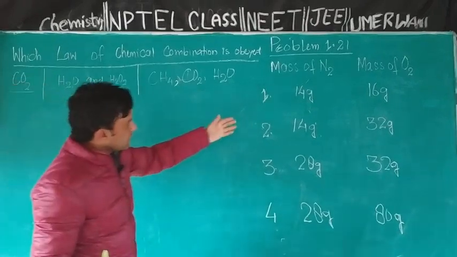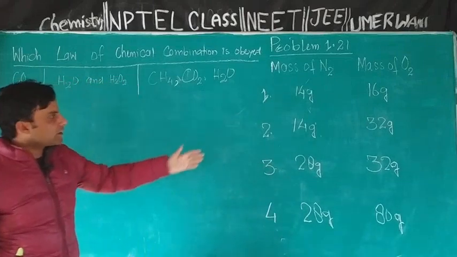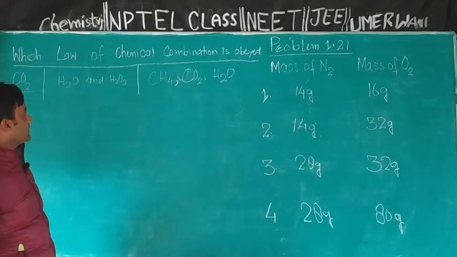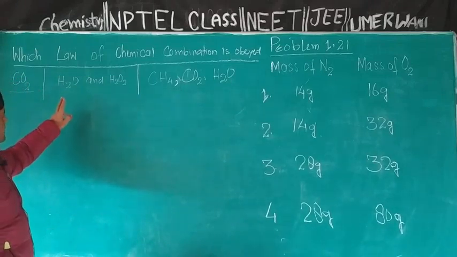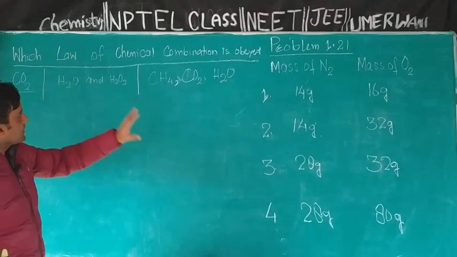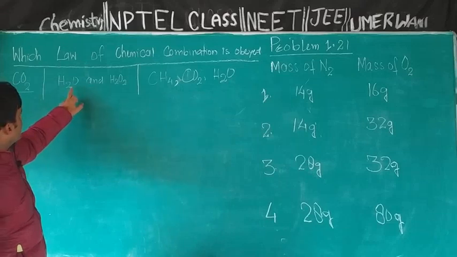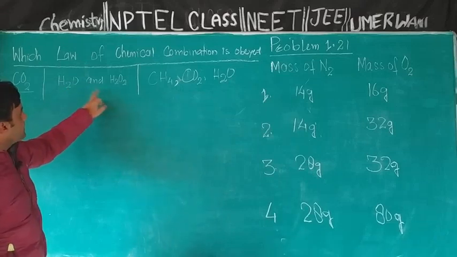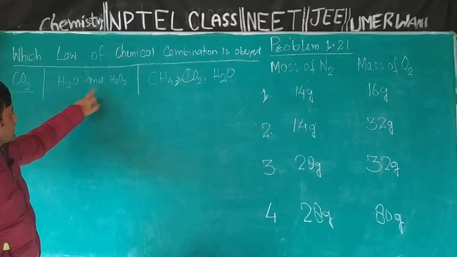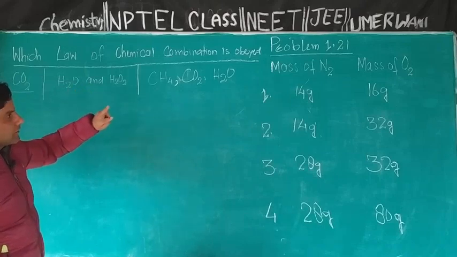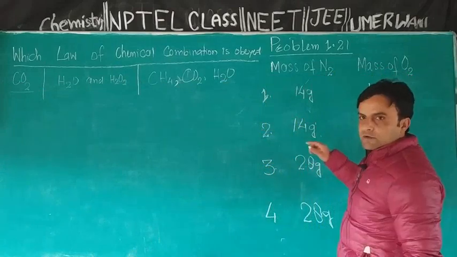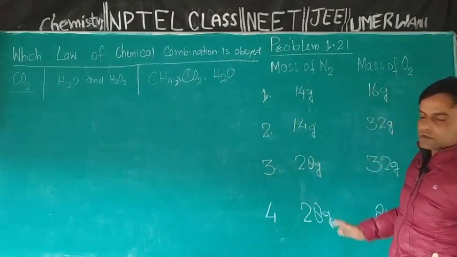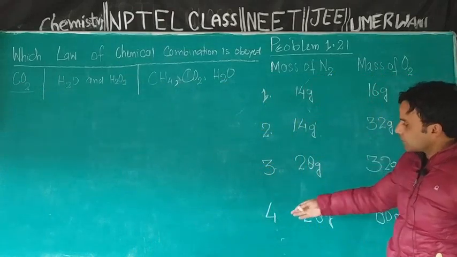Now I have to answer which law of chemical combination the data fits. I guess this data belongs to this type of example, that two elements, nitrogen and oxygen, have reacted to form two or more than two compounds, here 4 compounds.